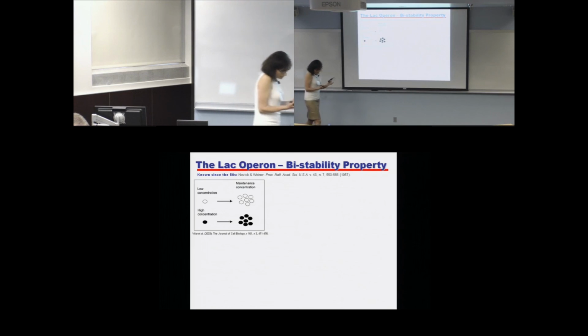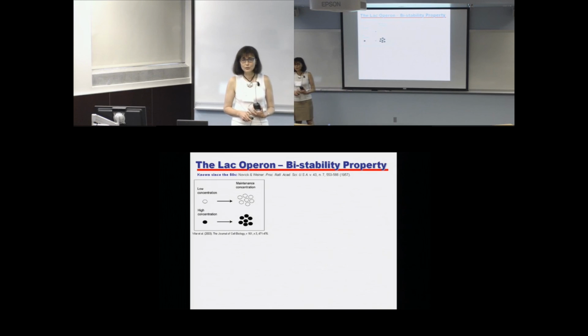So another question, people say, okay, Boolean models are good, but they're so simple. Can they actually capture bistability? And what is bistability? Generally, bistability is looking at a system that has multiple steady states, but which steady state the system is going to go into depends on its history, basically.